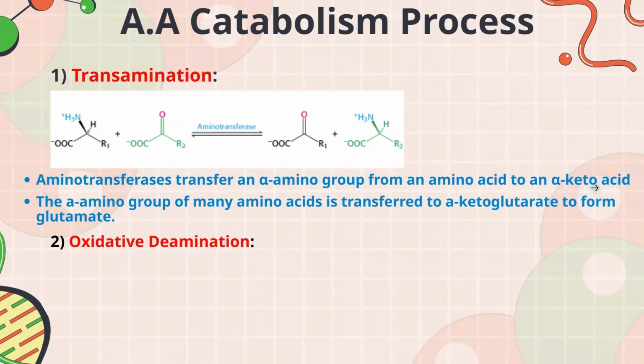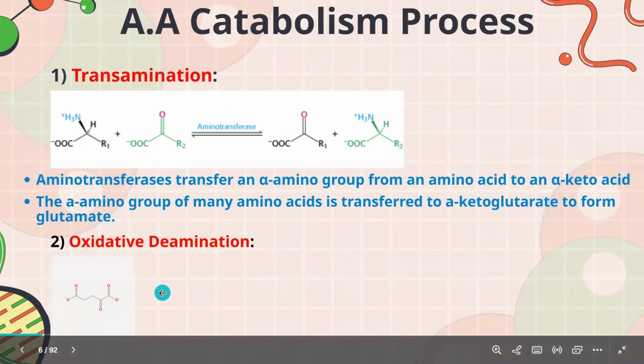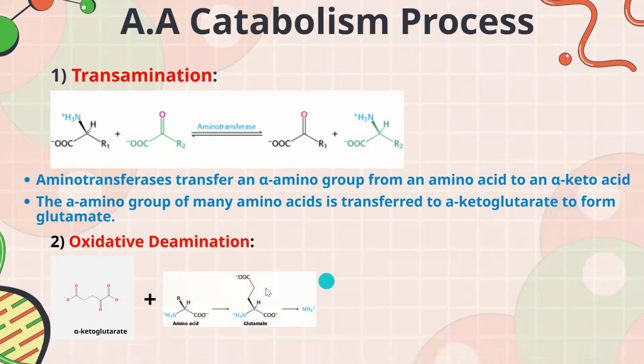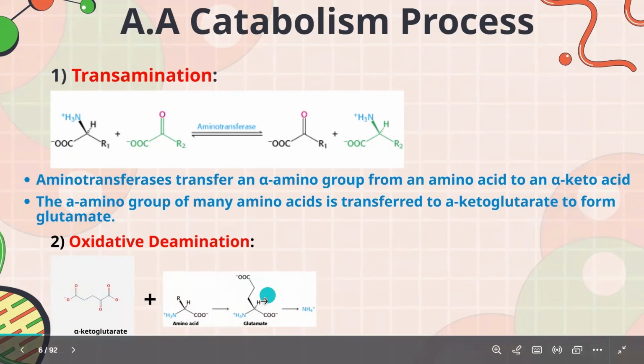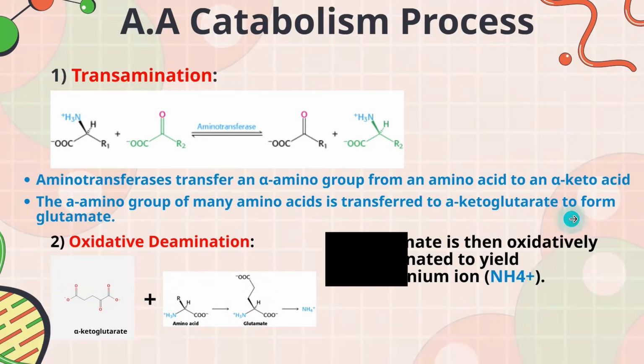Anyways, apart from that, we have oxidative deamination. After we talked about the alpha ketoglutarate and the amino acid, it becomes glutamate. Eventually, glutamate will undergo oxidative deamination to form NH4 plus, which is ammonium, which is what we said also in the byproduct, okay?